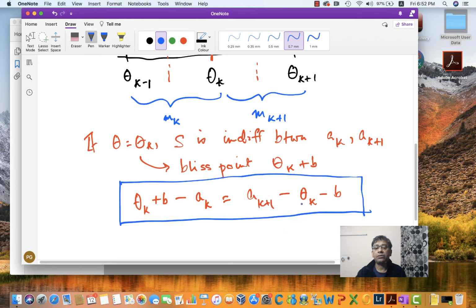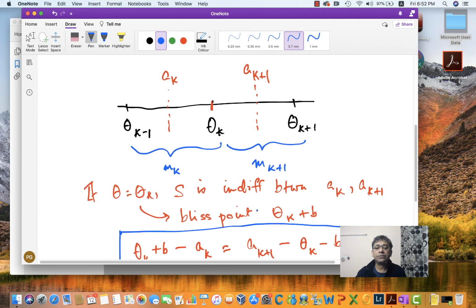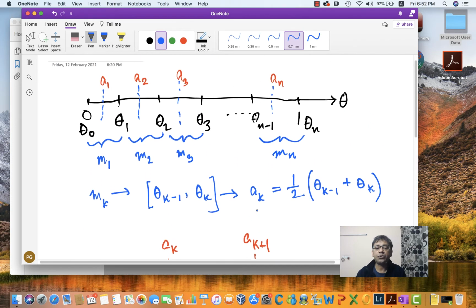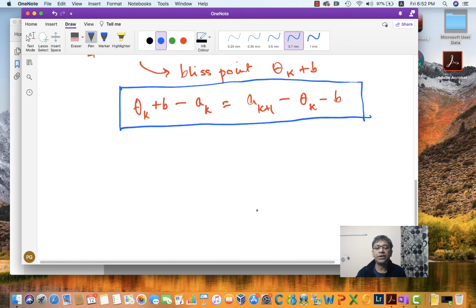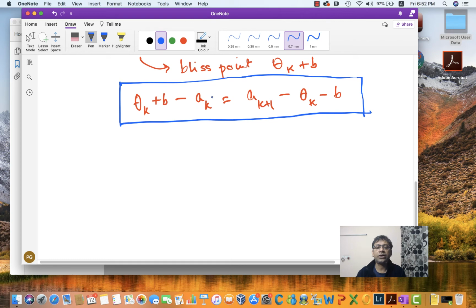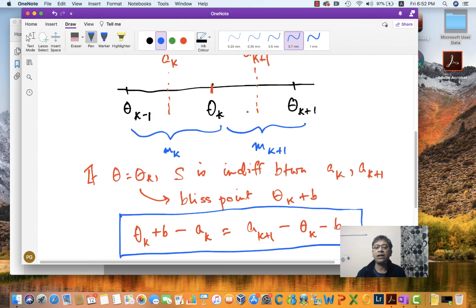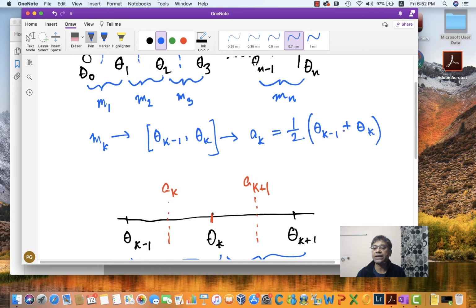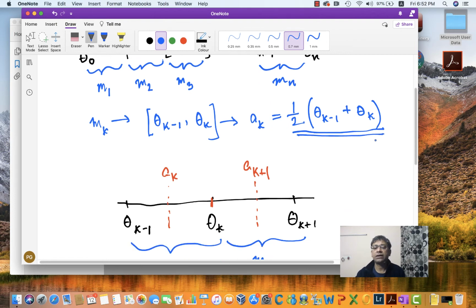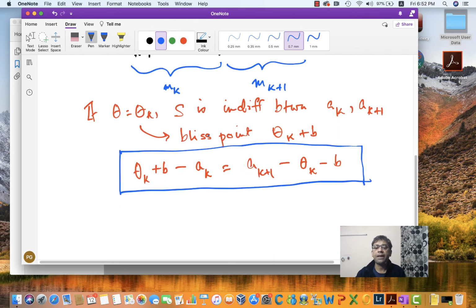Okay, now remember ak and ak plus 1 can be expressed in terms of theta k like this. So we can do that substitution in this indifference condition. And then what we get is a second order difference equation, right?